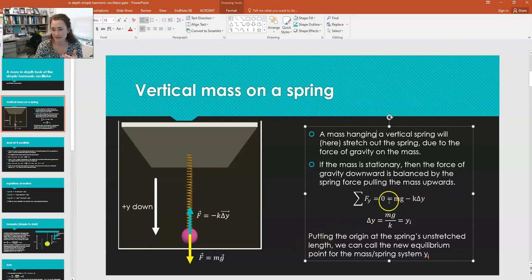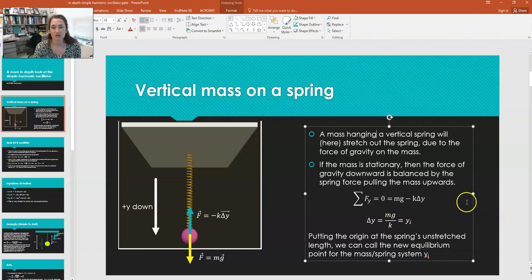Now, solving for the extension of the spring due to the pull of gravity, you can see that it will stretch the spring out by some amount delta y, which is equal to mg over k, the weight of the object divided by the spring constant.